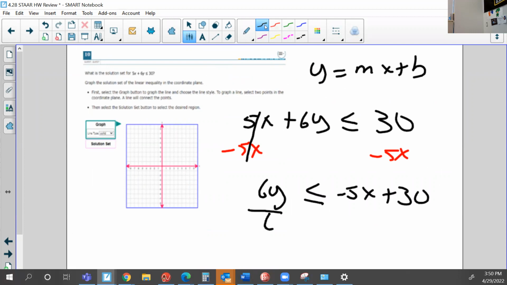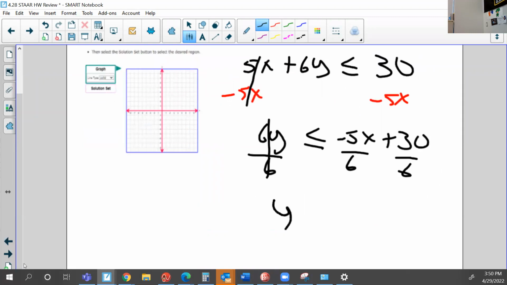And so I'm left with y is less than or equal to minus 5 over 6x plus 5.